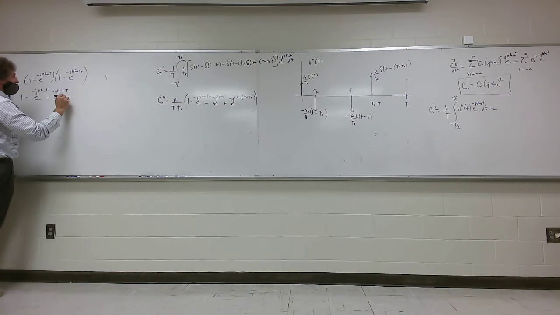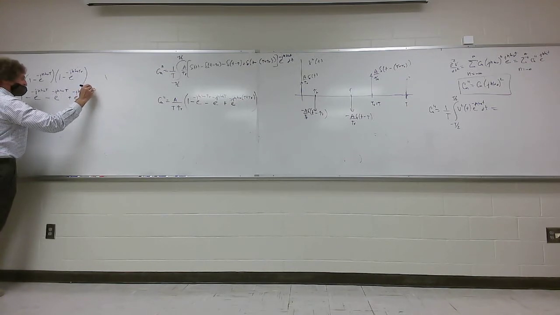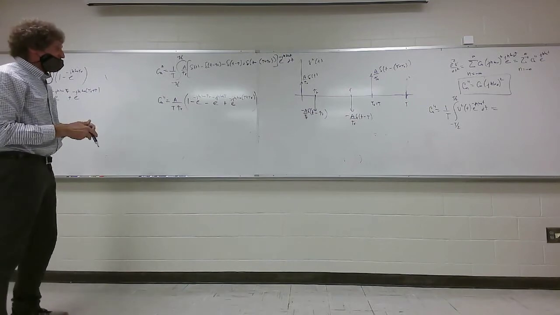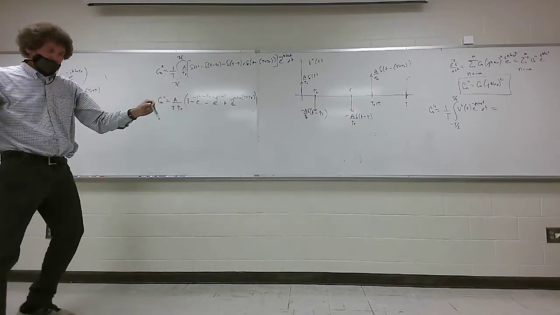And then plus e to the minus j n omega naught tau rise plus tau. Y'all see that? That second is supposed to be a tau rise. I'm sorry, it's this times that. Y'all see it? I can factor that, but I prefer to just show it to you here. Okay, now I come over here, and since I know that, I'm going to replace that with what I just showed you.